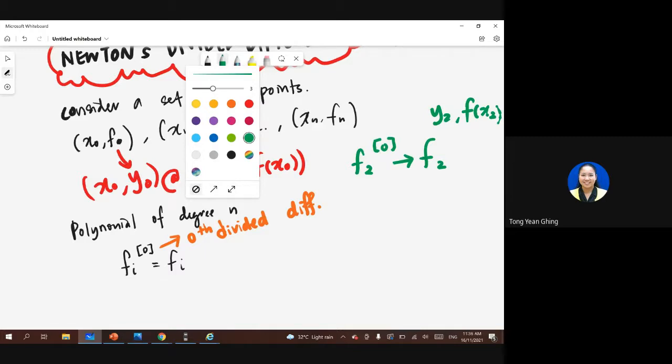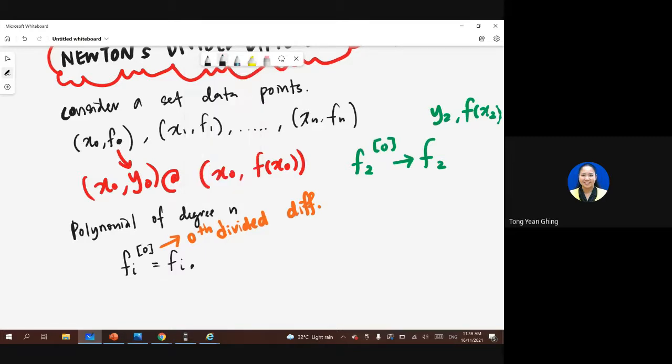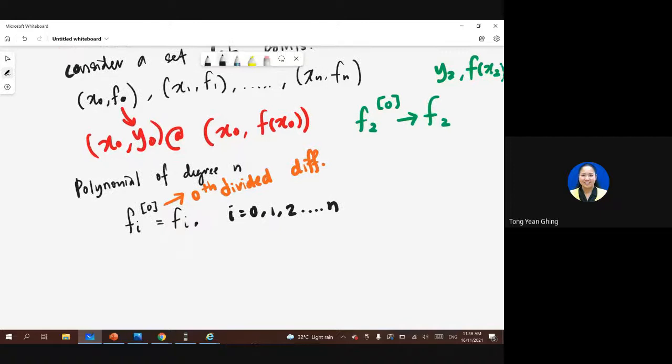So for i equal to 0, 1, 2, and until n, this is the 0 divided difference.